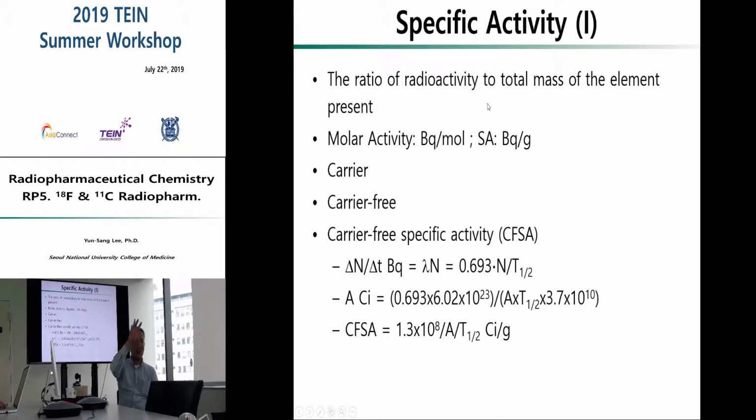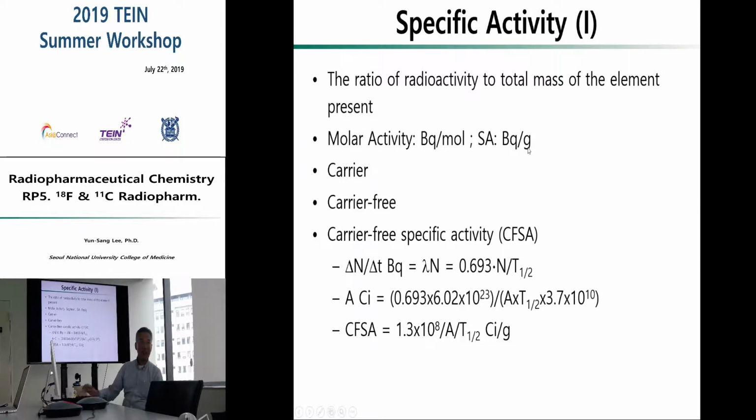So you should know the meaning of specific activity: the ratio of C11 raclopride to C12 raclopride. Earlier we called that specific activity, but nowadays we call it molar activity. We express it in becquerel per mole, while specific activity is becquerel per gram.